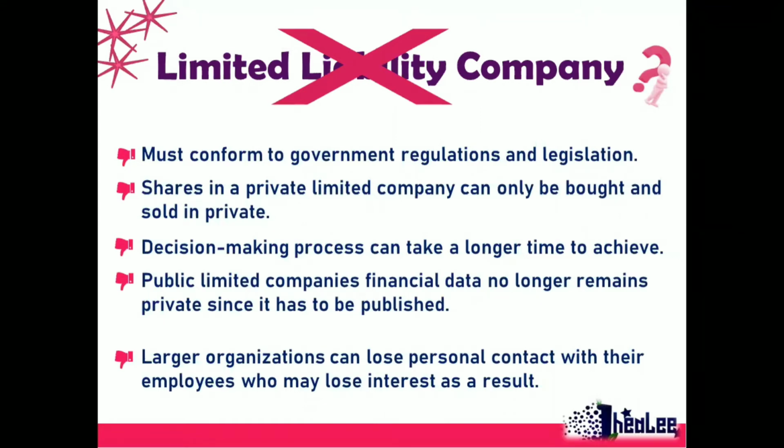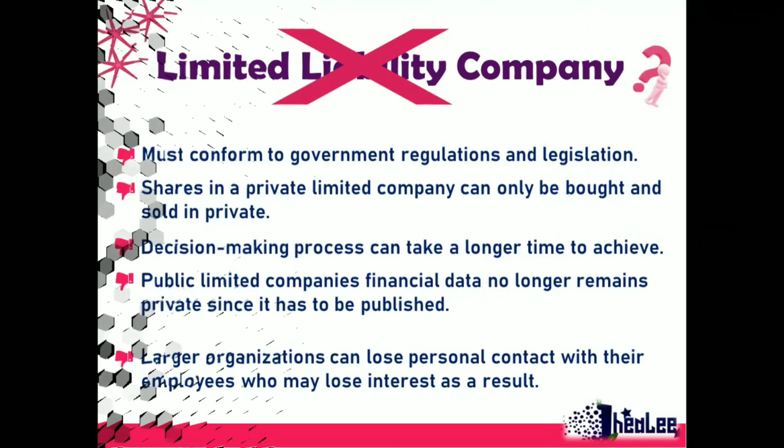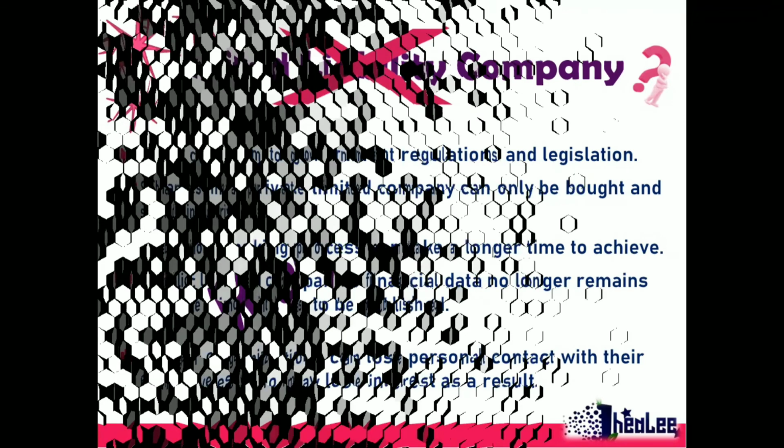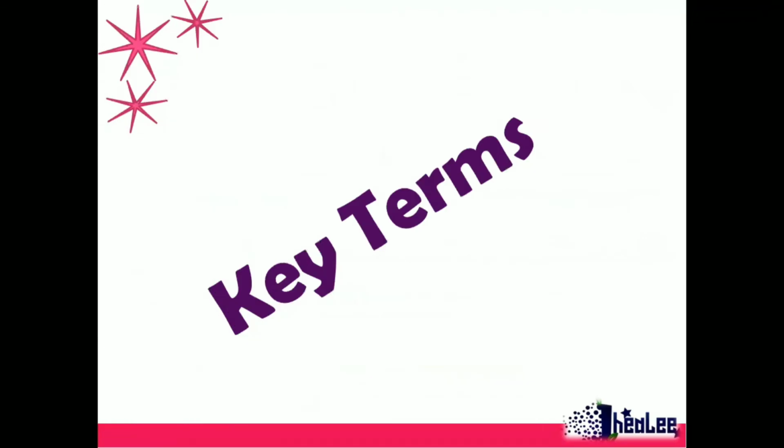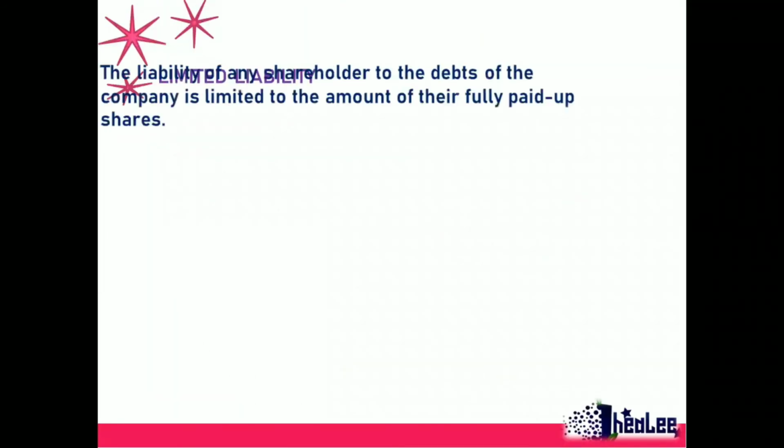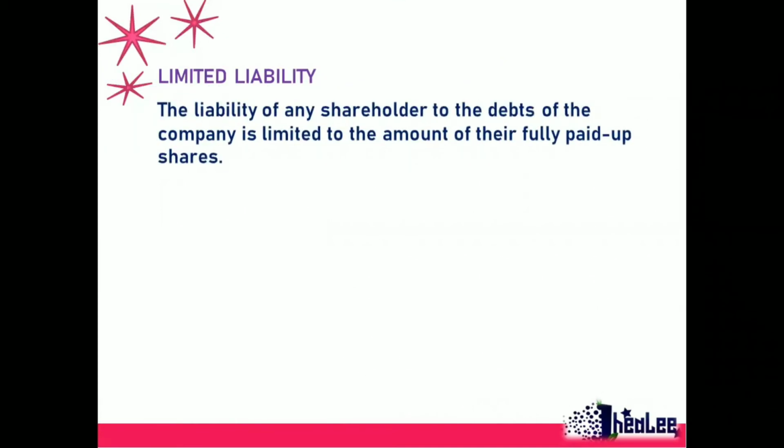Okay. Now, let us look at some key terms that are associated with a limited liability company. And here we go with the first one, and that is limited liability. The liability of any shareholder, remember the shareholders are the owners, to the debts of the company is limited to the amount of their fully paid up shares.